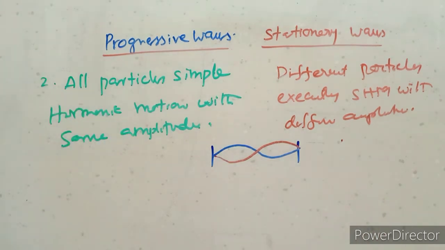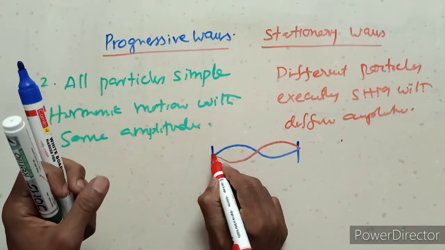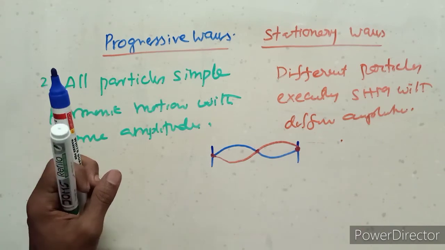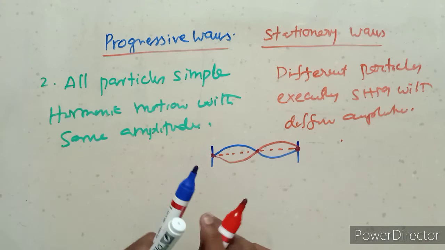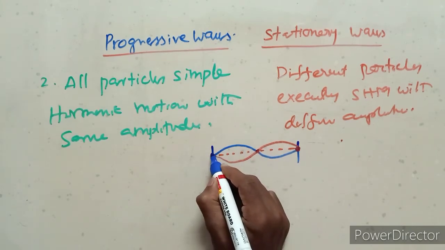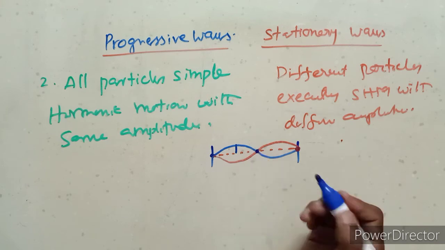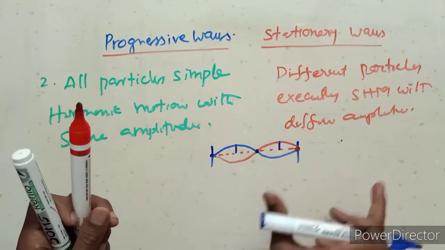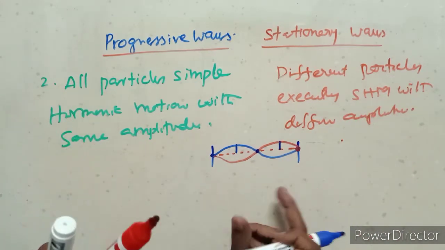So here we get different amplitudes. Here the amplitude is minimum, here maximum, here minimum, here maximum. So different particles execute SHM with different amplitudes.